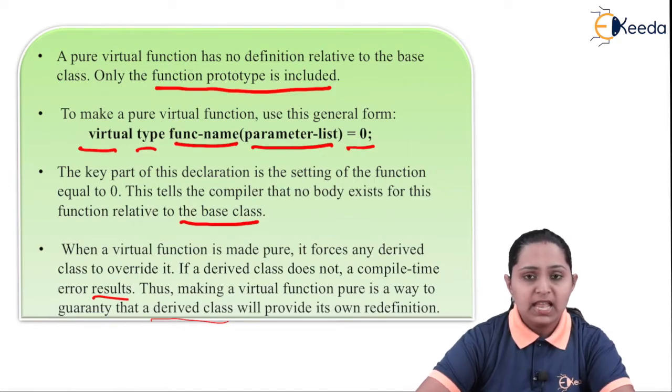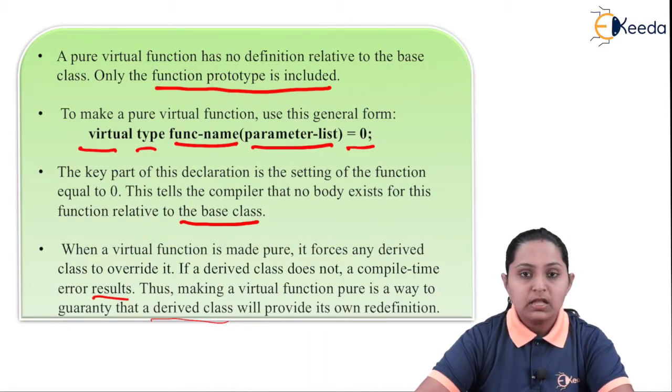Consider a function declared in the base class as virtual without any definition; the derived class by default has to redefine that function. If you do not do that, the compiler will give you an error for not redefining that function.